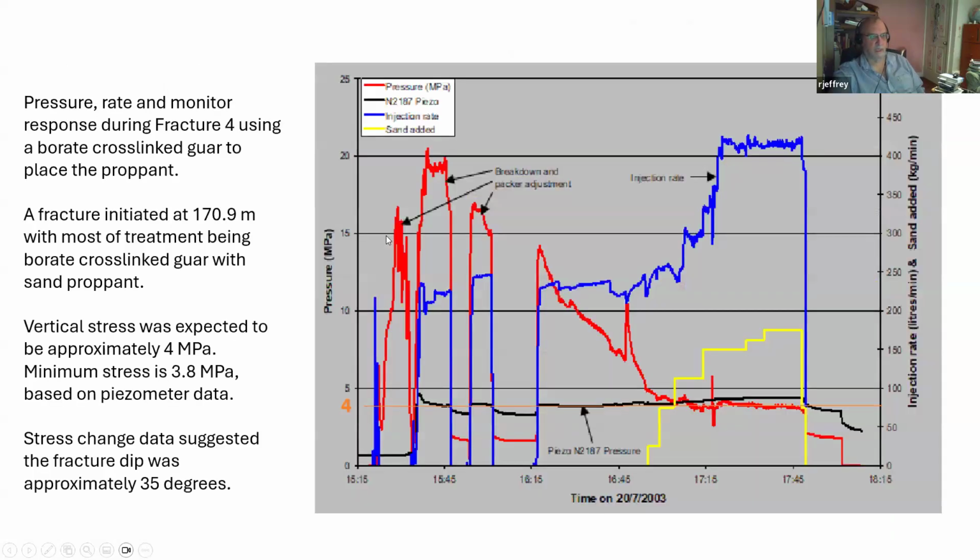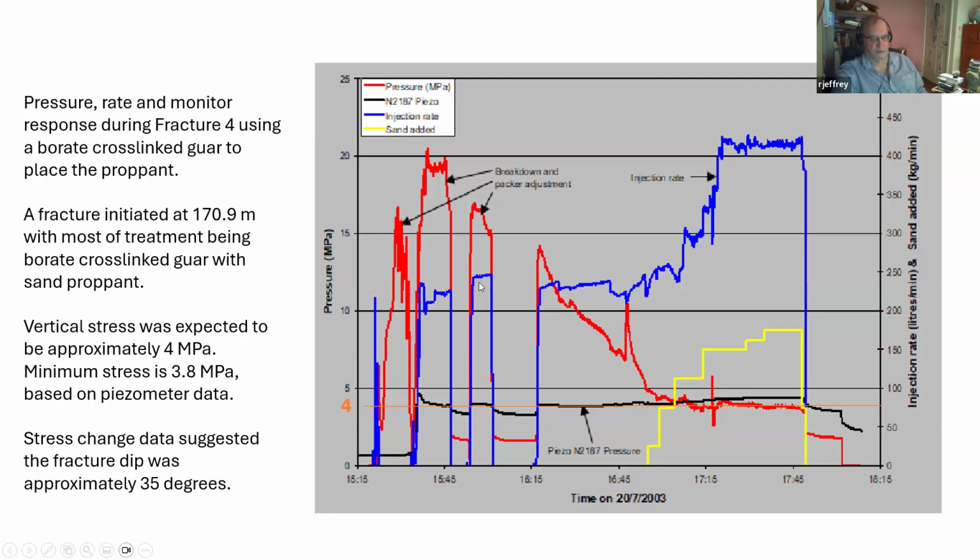And here's the pressure record from the treatment at 170 meters, which shows high injection pressure. The injection pressure is in red, and that's the surface pressure measured at the pump. And the injection rate is blue, measured in liters per minute. So here's 400 liters a minute, about 2.5 barrels a minute. And here is 250 liters a minute, about 1.5 barrels per minute.